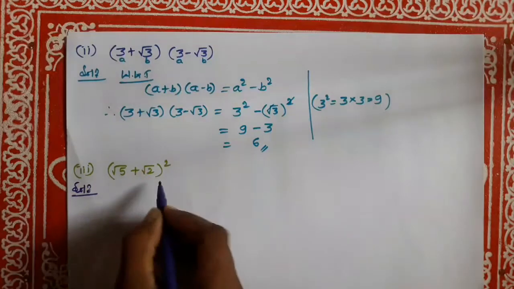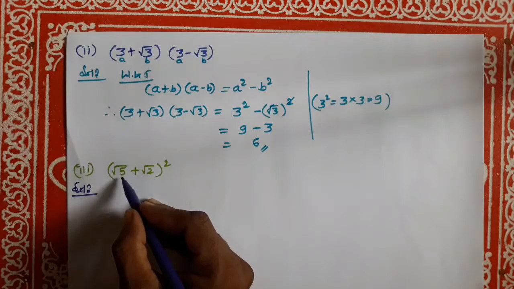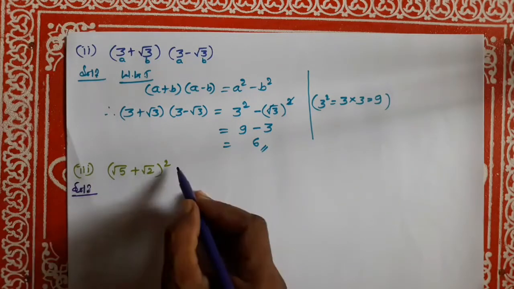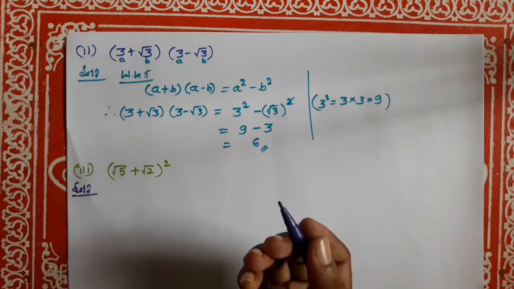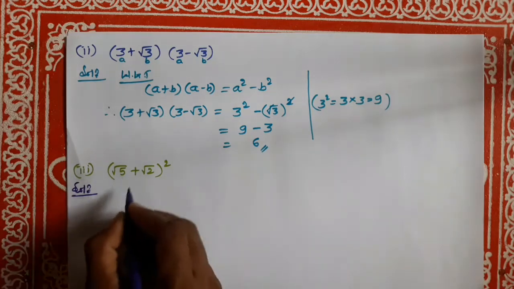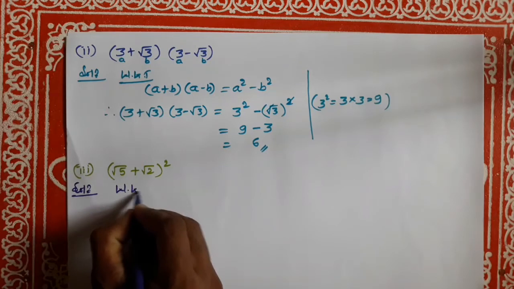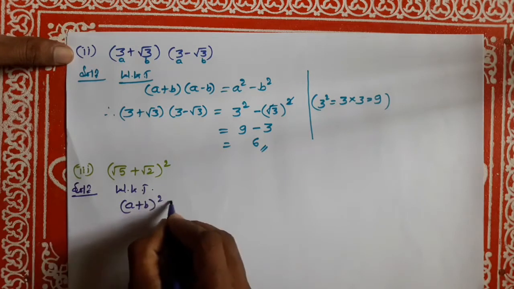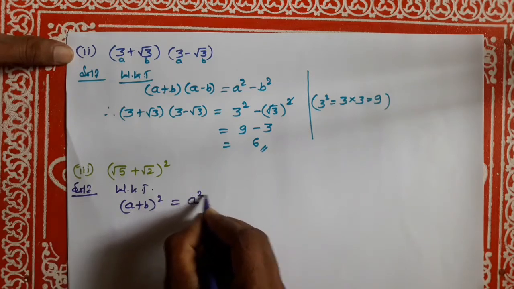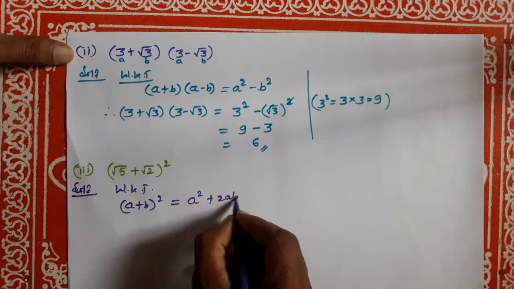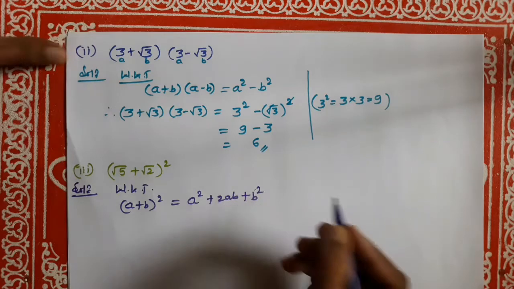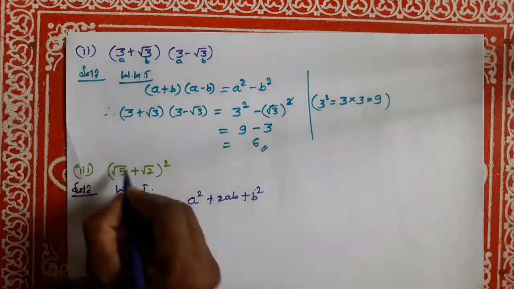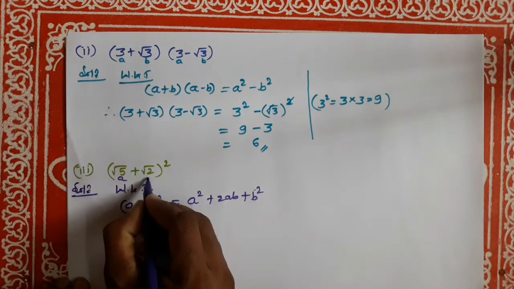Dear students, third question: we have (square root of 5 plus square root of 2) whole square. We know the identity: (a plus b) whole square is equal to a square plus 2ab plus b square. This is a, this is b.